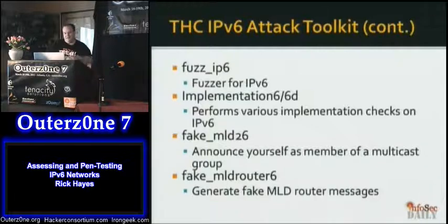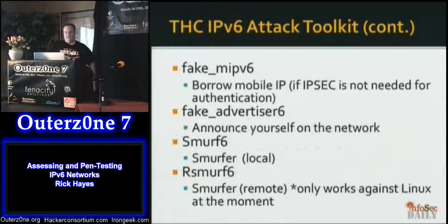And again, you can generate fake router messages. So there's a lot of tools. I actually like the fake MIPv6. You can borrow a mobile IPv6 address, assuming that IPsec is not needed for authentication.